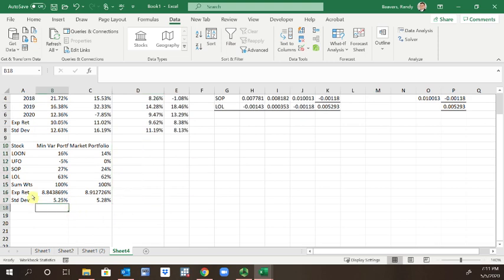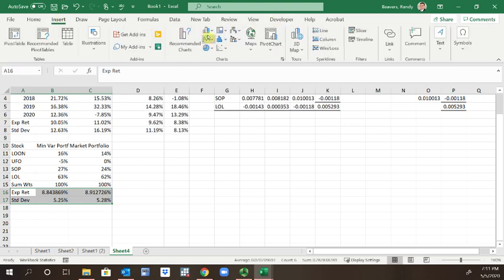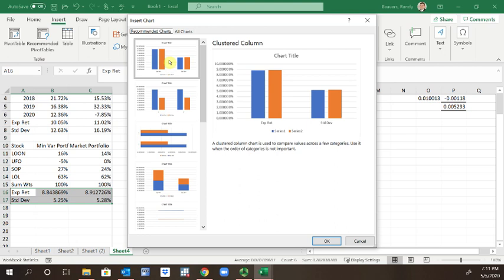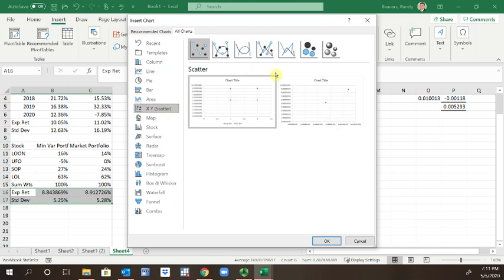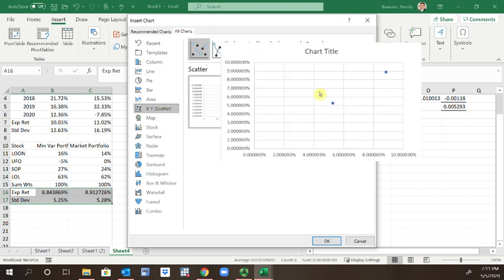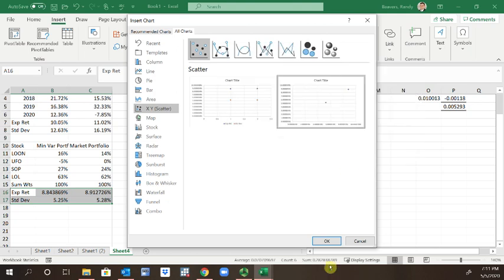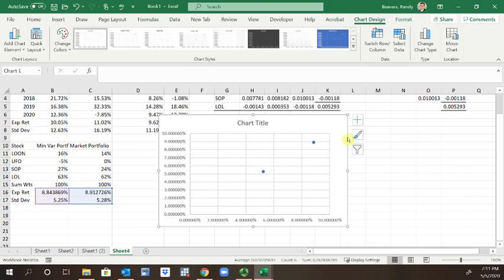So at this juncture, I can highlight these and insert a chart. So we could get some of that effect, but with more points, it would eventually curve out.